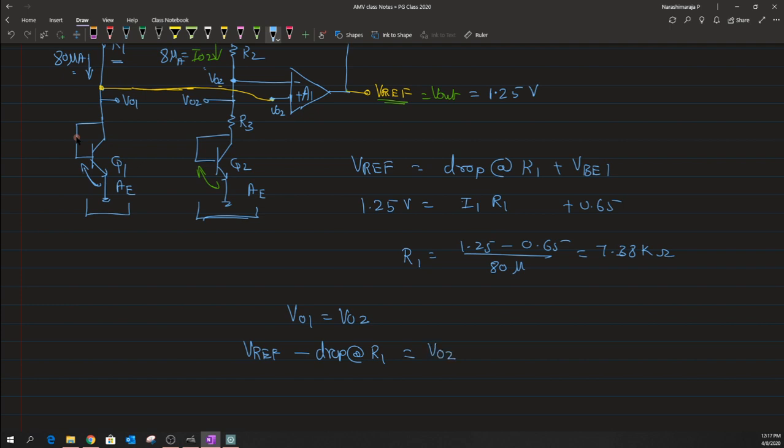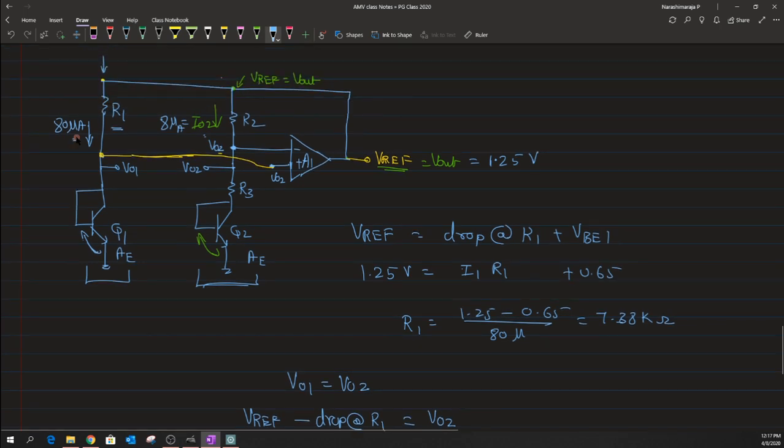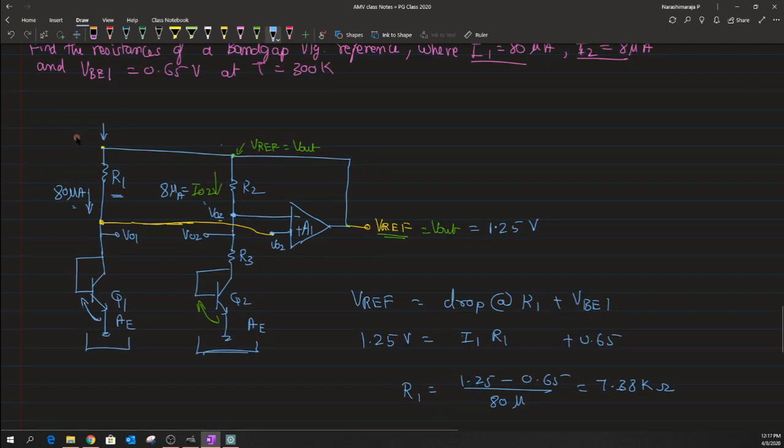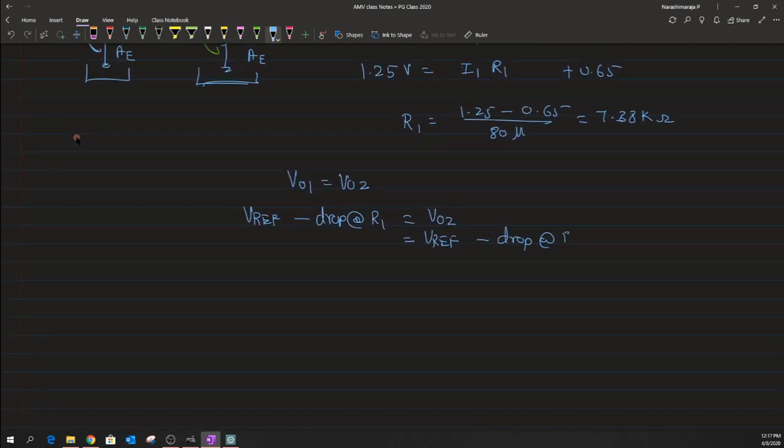So one can also write this VO2 as V reference minus the drop across this resistor R2, right?